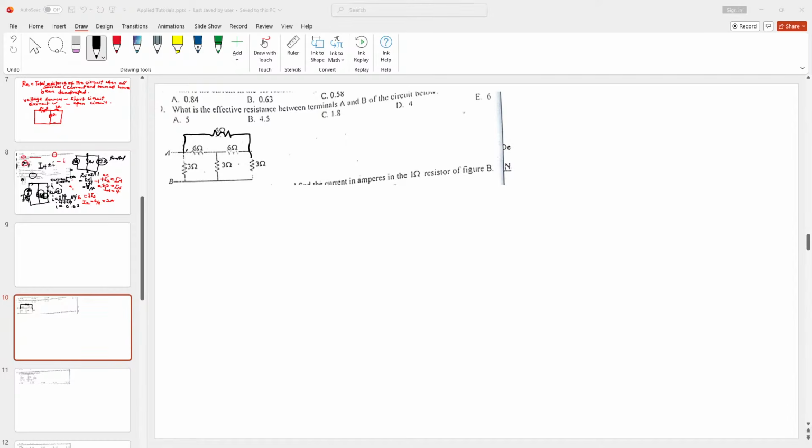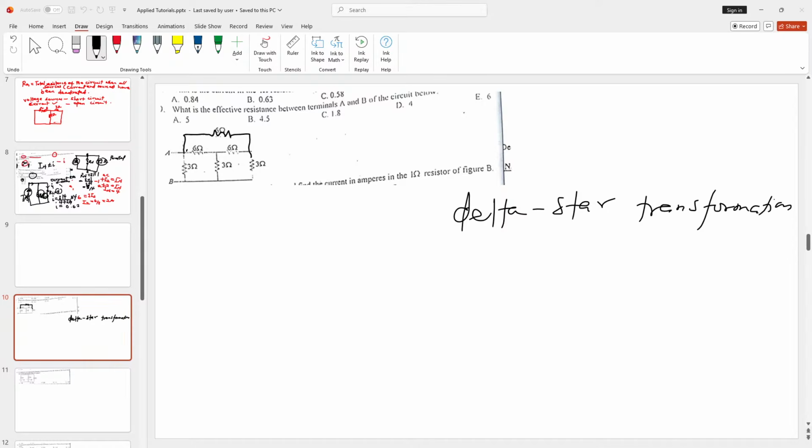Now, how do you go about this? Given a question like this, the first question you need to ask yourself is, are there any 2 or 3 resistors connected in series or in parallel? If there are none, then you resort to the use of delta star transformation.